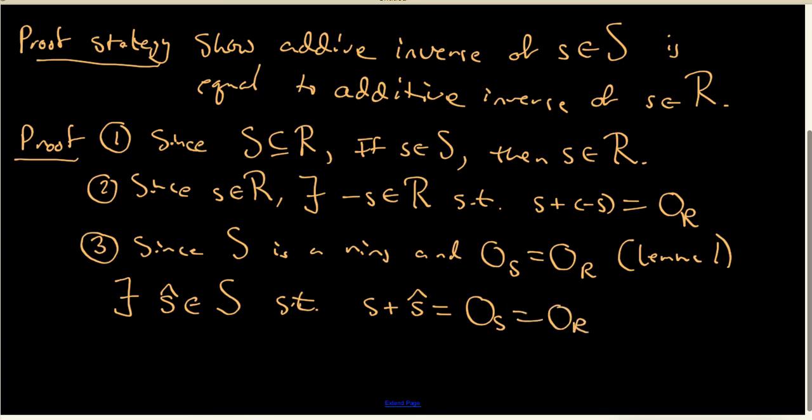Now what we're going to do is put this statement, that s plus minus s is equal to 0_R, together with the fact that s plus s hat is equal to 0_R. And that's going to let us conclude that s hat and minus s are one and the same thing.